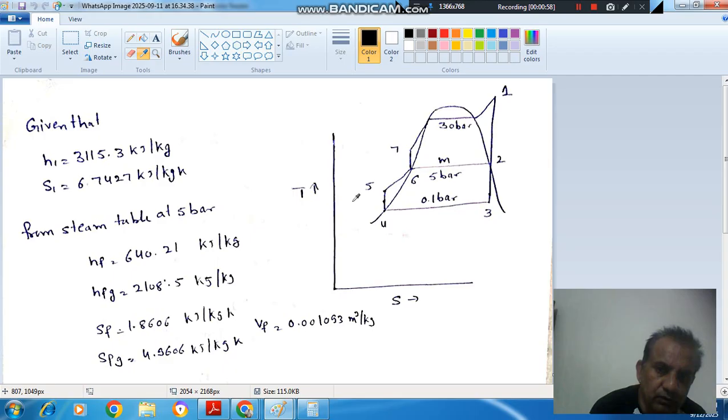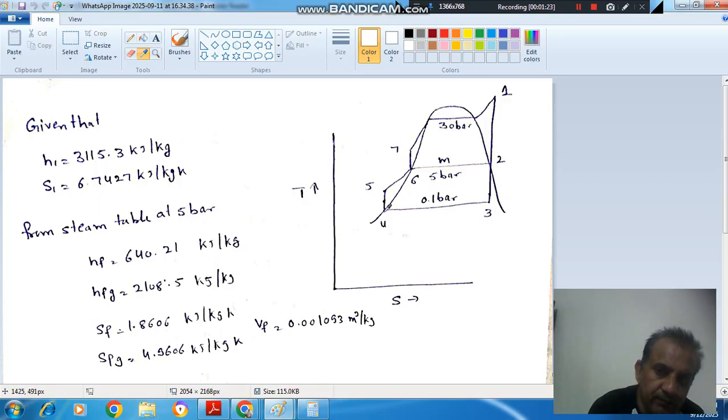So this is your cycle on TS diagram. 1 2 is your isentropic expansion of 1 kg of steam. Then m kg of steam is extracted for feed water heating using an open feed water heater, and then 1 minus m is expanded further, 2 to 3.